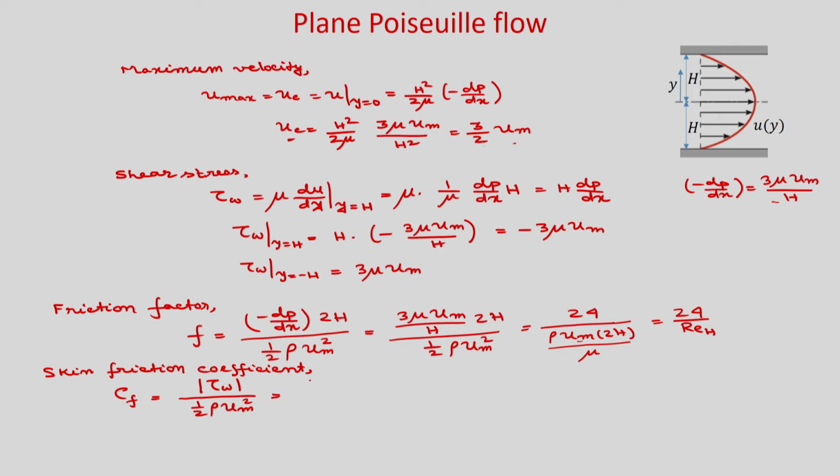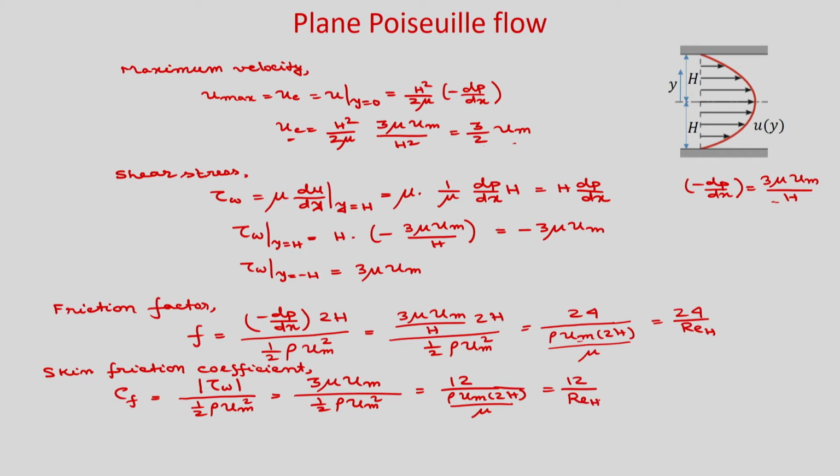So, you can see this is 3 mu um divided by half into rho um square. You can rearrange it and you will get 12 by rho um into 2h divided by mu, and you can write 12 by REH.